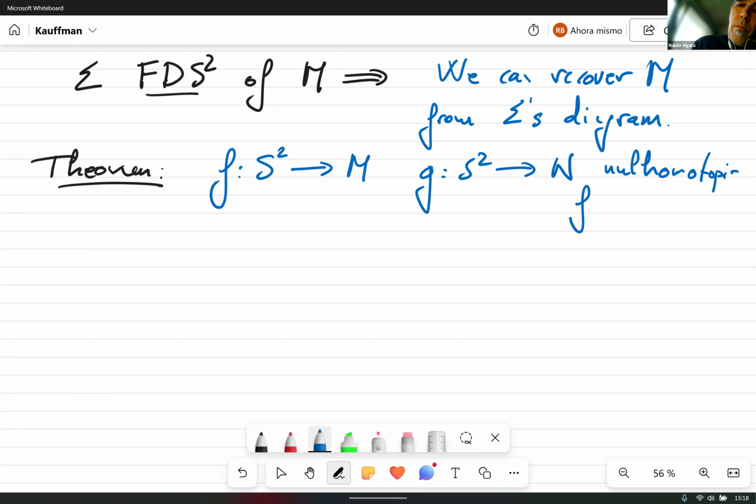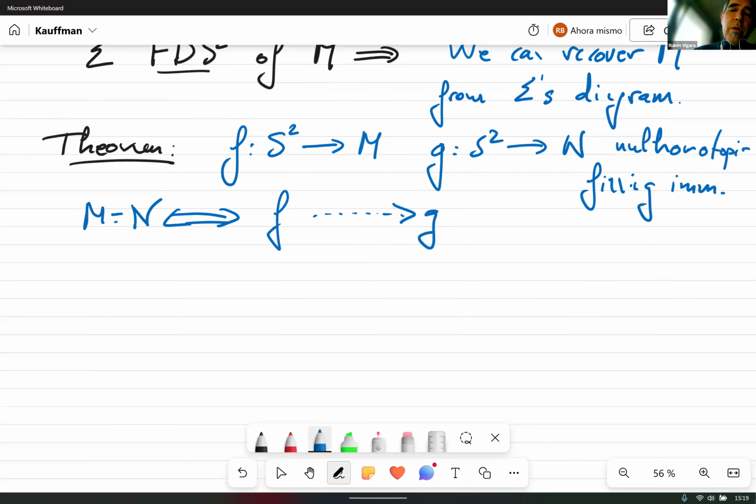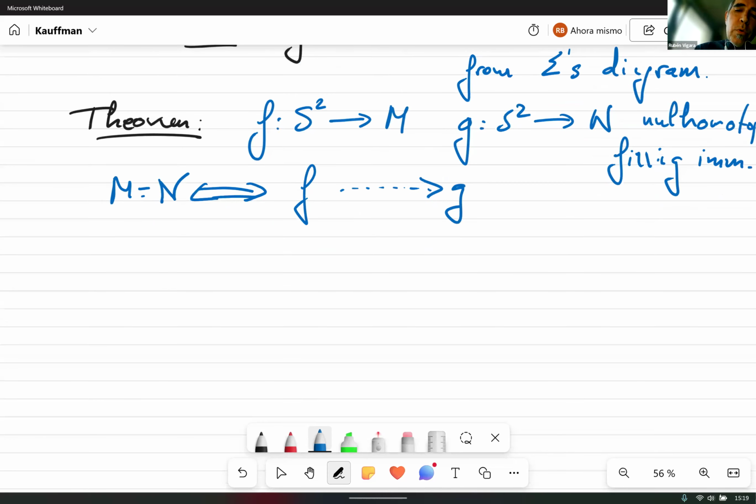Then the two fill the same three-manifold if and only if we can deform F into G by a sequence of filling immersions that are related by a set of moves that I will show you now.